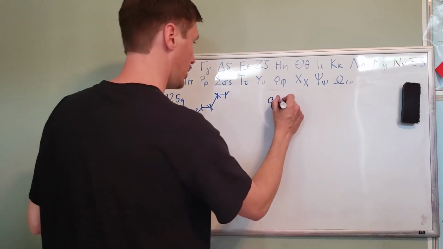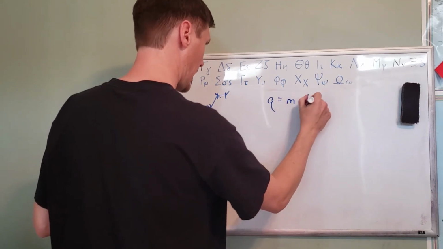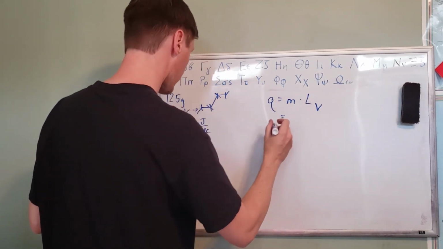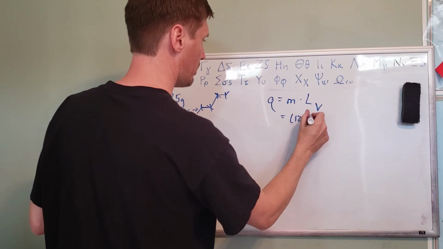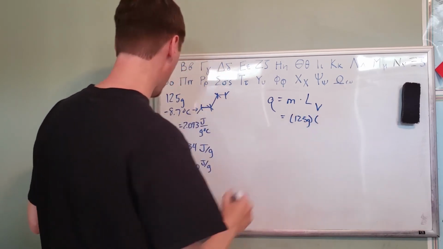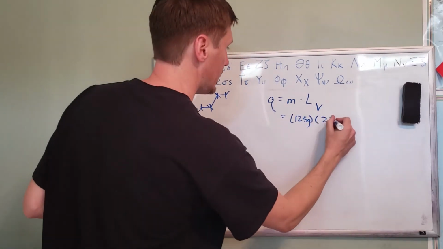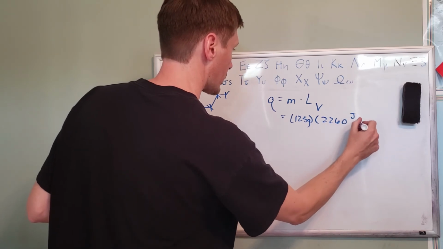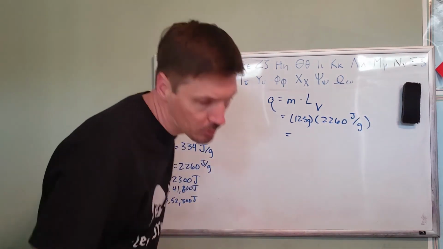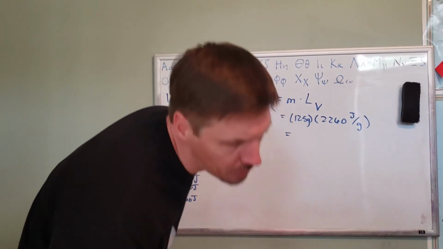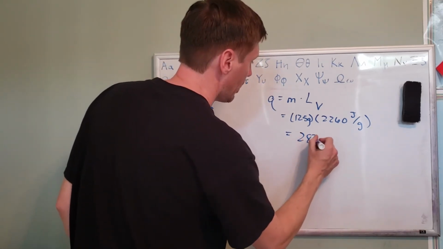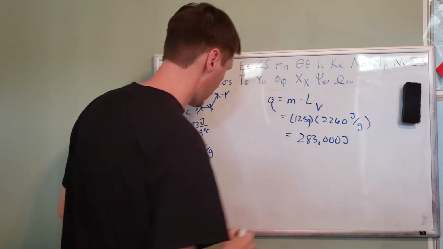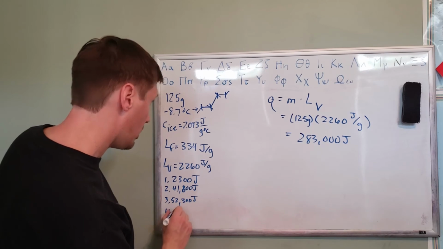So it's Q equals mass times Lv. And so again, 125 grams, and Lv is given to us as 2260 joules per gram. Grams will cancel out, and we get a final value of 283,000 joules.